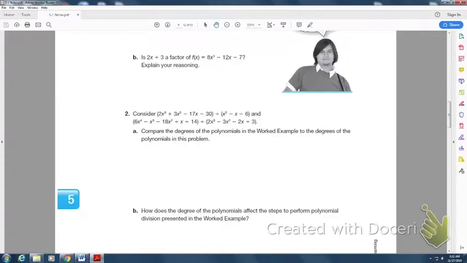So, on that problem, was 2x plus 3 a factor? No. Why not? Because it had a remainder. So because we got that remainder of 16, it is not a factor. Because a factor will divide into it evenly.